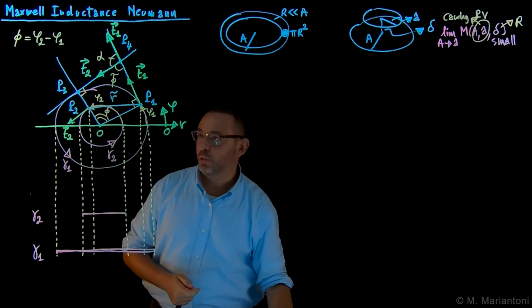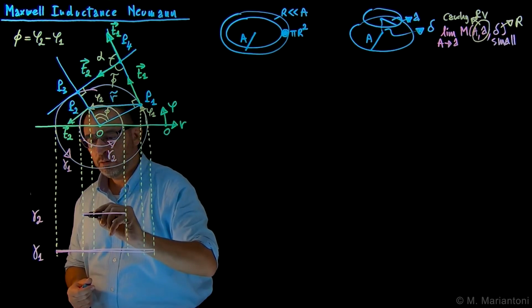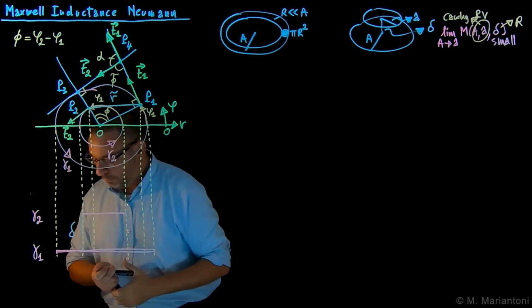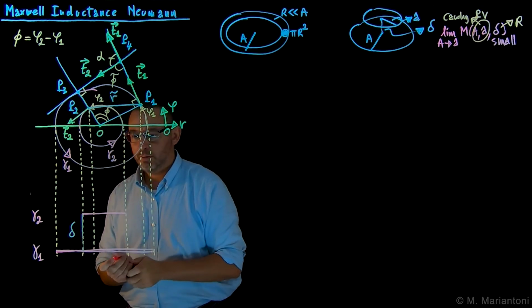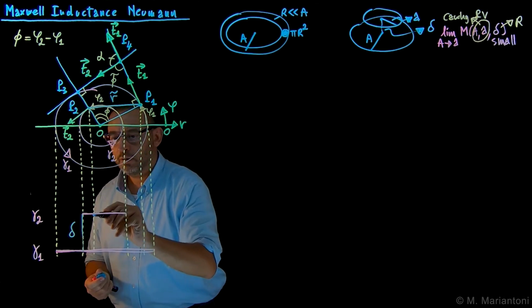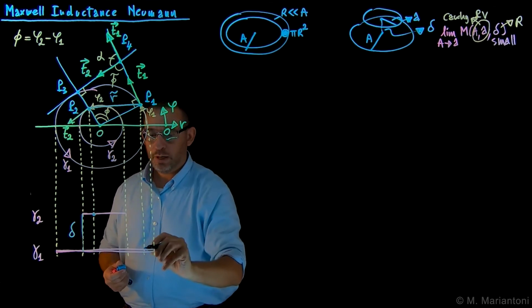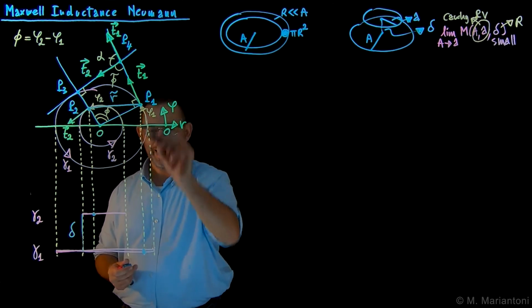The distance between these lines, this height, is small delta. In particular, the distance between this point here, which is capital P2, and capital P1, which is this point, so P1 belongs to gamma 1, P2 to gamma 2.